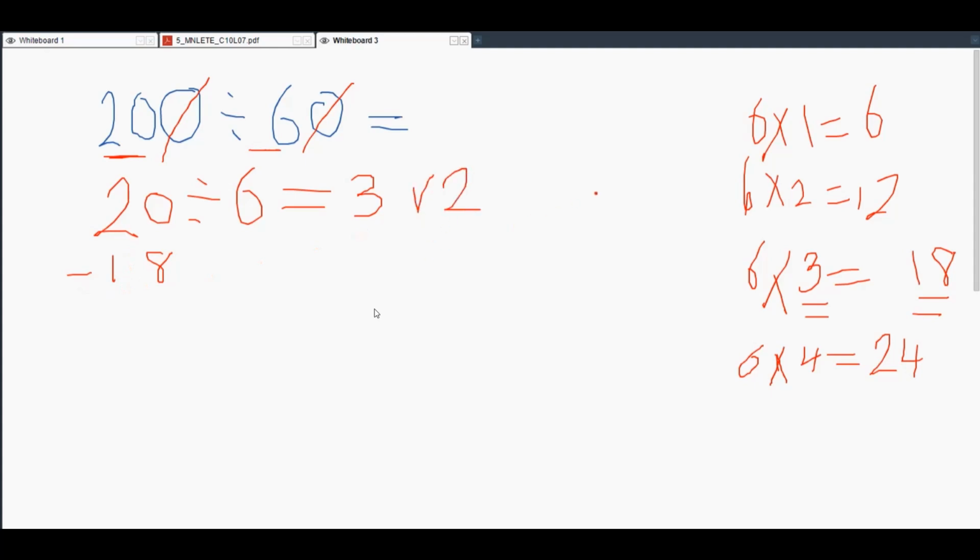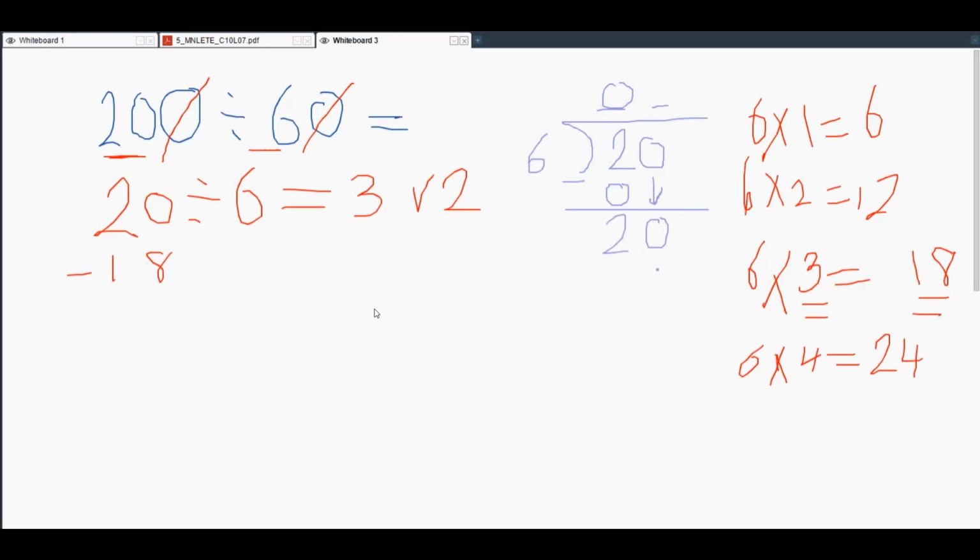The remainder is 2. If you want to do it as long division, it will be very easy. 20 divided by 6. So we have 2 digits here. 2 divided by 6 cannot be done because 2 is smaller than 6. So we write 0 up, 0 down, and bring down 0.